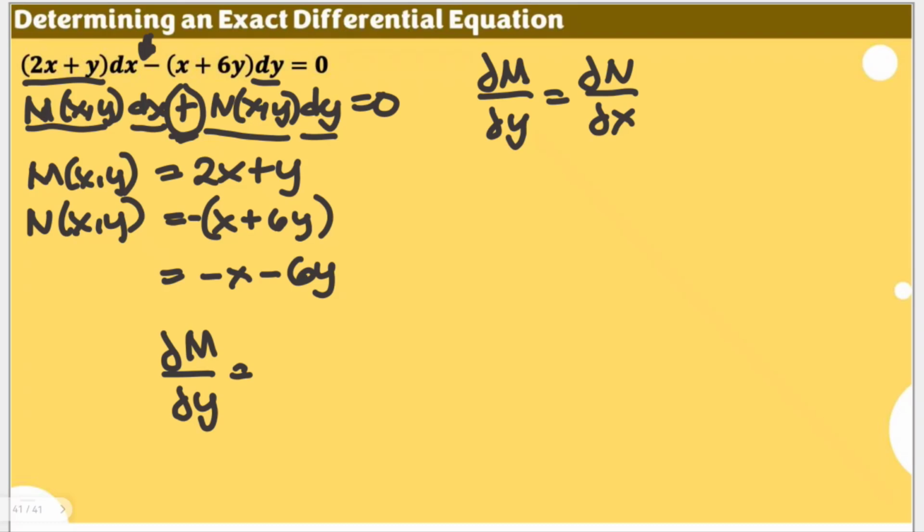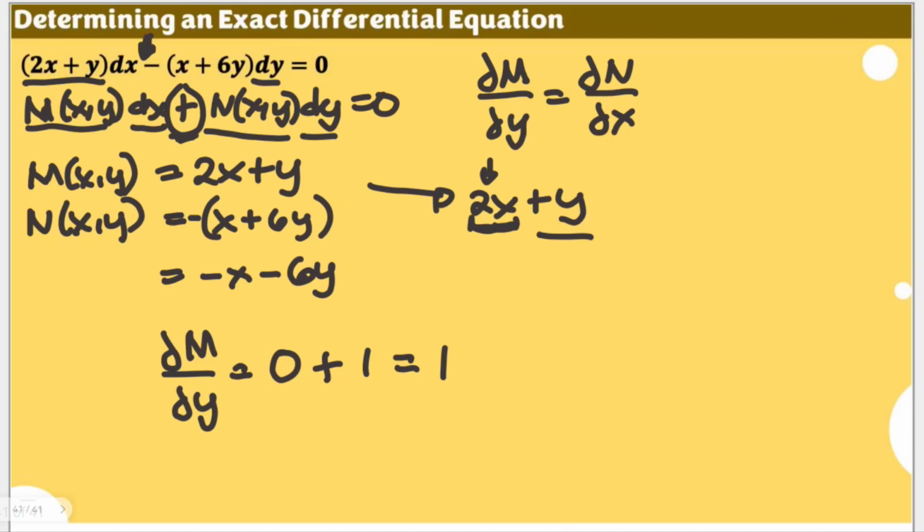Supposedly, our given here is 2x plus y. We have two variables, but since we're taking the first partial derivative of M with respect to y, we'll be treating this x together with 2 as a constant, and hence its first order derivative, since this is a constant, will become 0 plus the first order derivative of y, which is 1. This would mean that this is equal to 1.